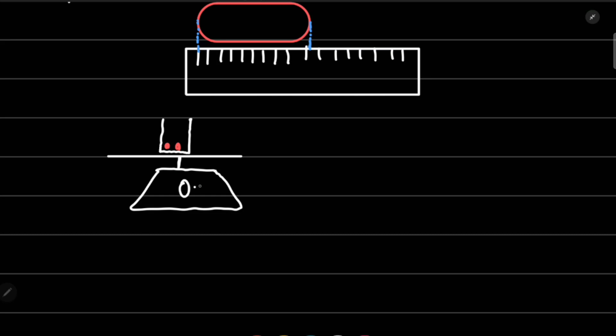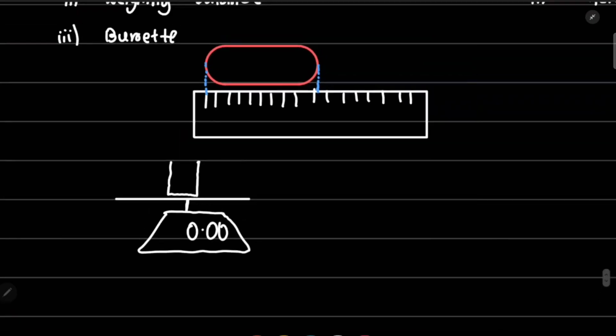So when we first had the 0, there was some uncertainty in the measurement of this container's mass. So there is the uncertainty being added twice. So we have to do twice the measurement uncertainty in that case as well.